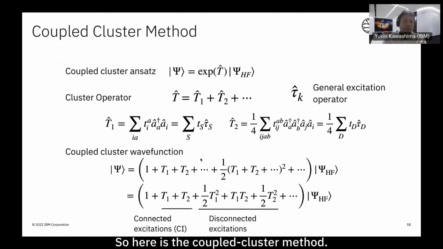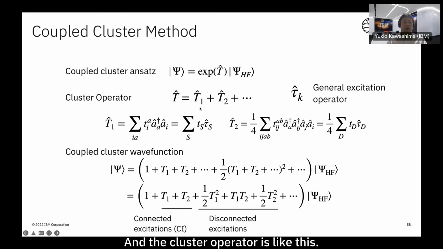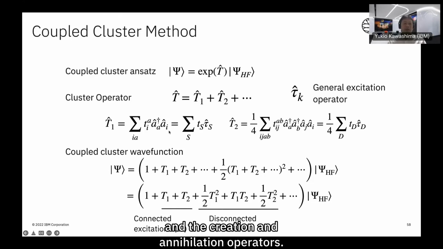So here is the coupled cluster method. The coupled cluster ansatz is as follows, and here the cluster operator shown here is in an exponent. And the cluster operator is like this. If we see T1, it's the coefficient t_i^a and the creation and annihilation operators.